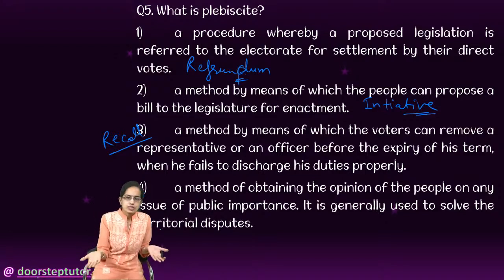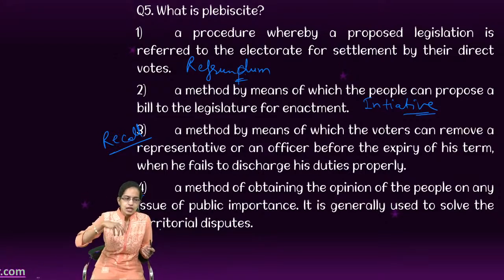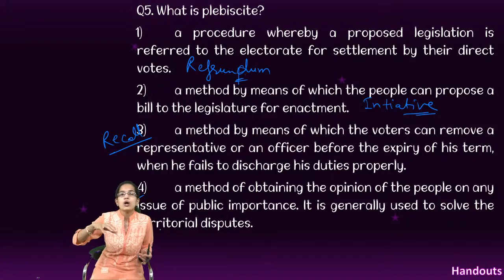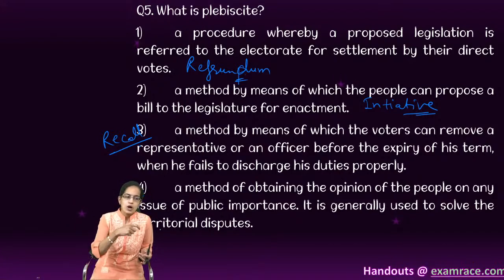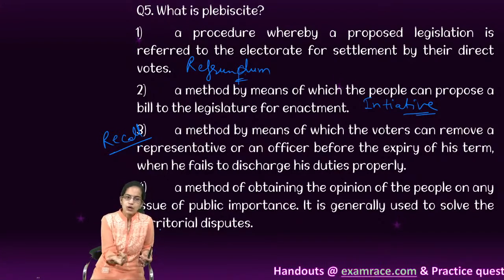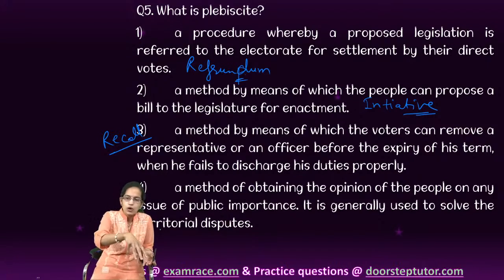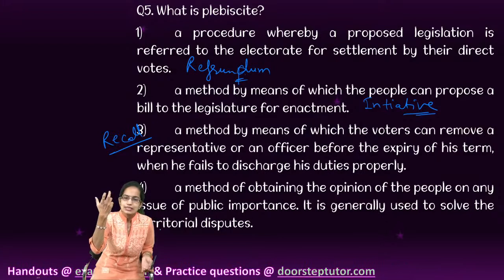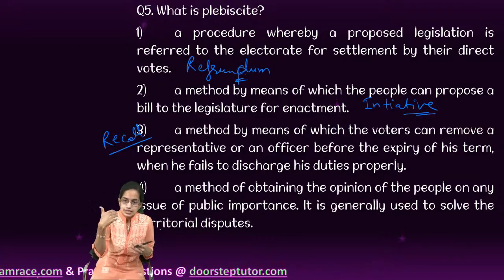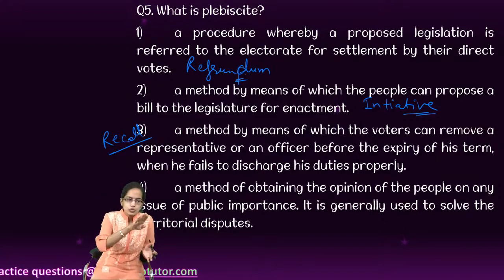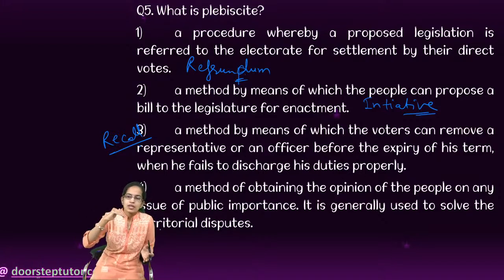In a simple way, if voters are trying to adopt a law or a change to a law, this is called an initiative. If they are trying to disapprove a law, it is called a referendum. And if they are trying to remove an elected person, it is called a recall.